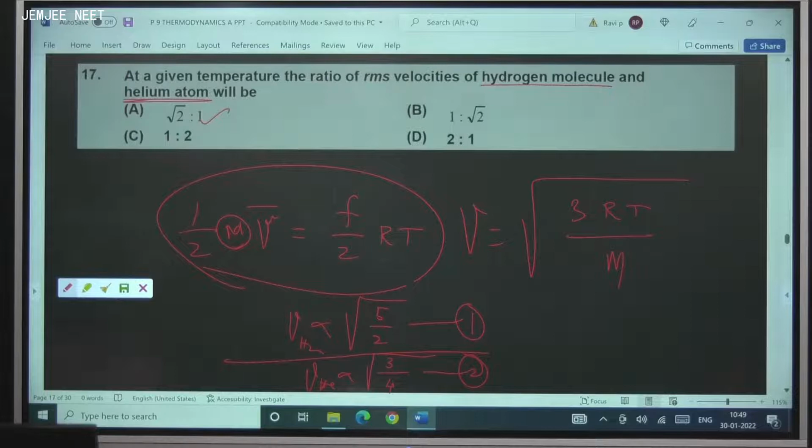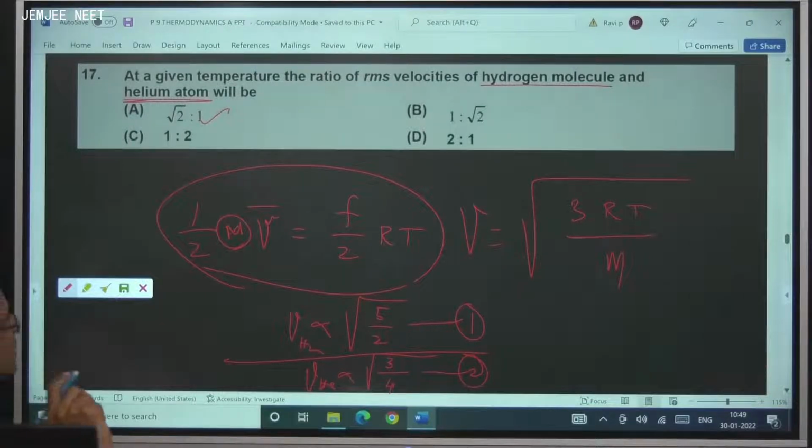I have put it correctly. What ratio do we get actually? Root of 10 by 3, we get.